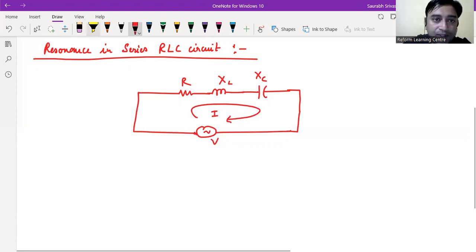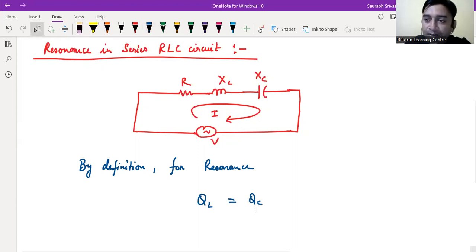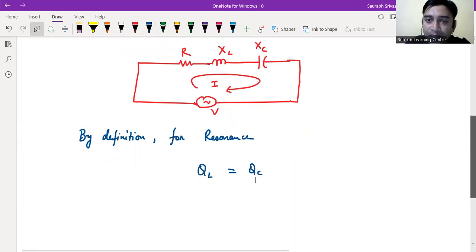And by definition of resonance, this QL must be equal to QC. Reactive power across inductor must be equal to reactive power across capacitor.